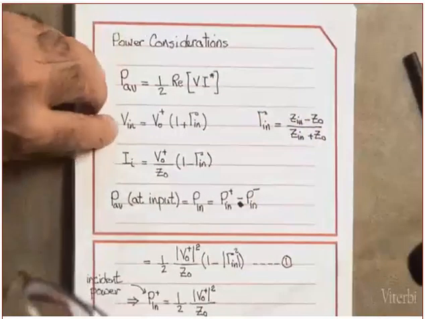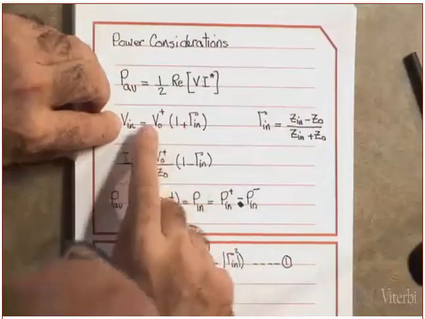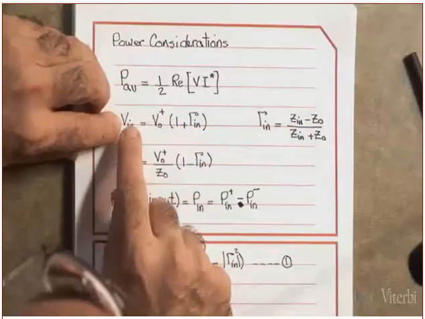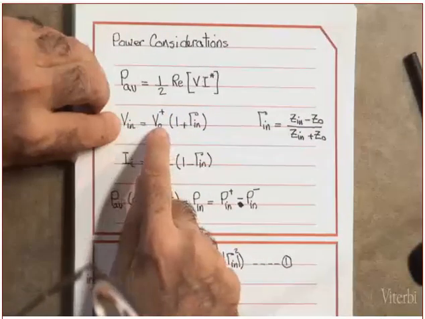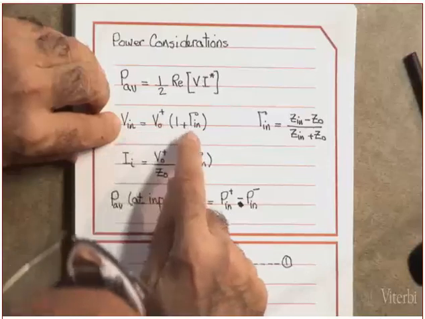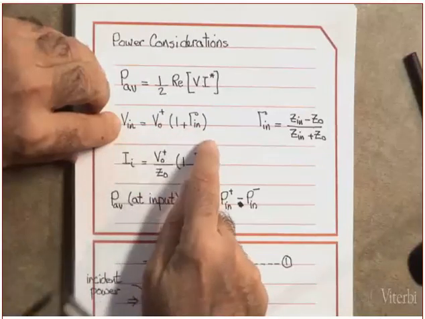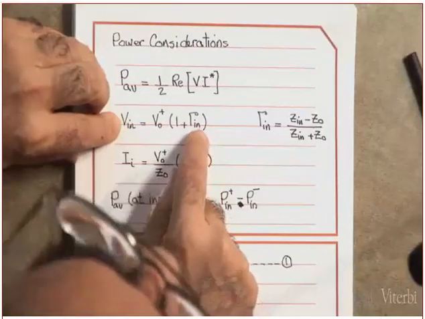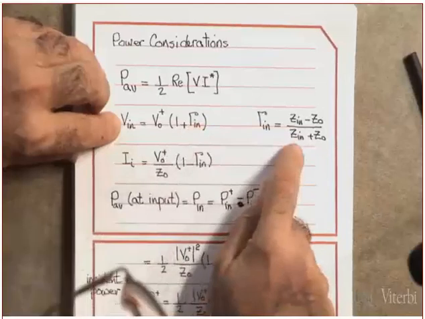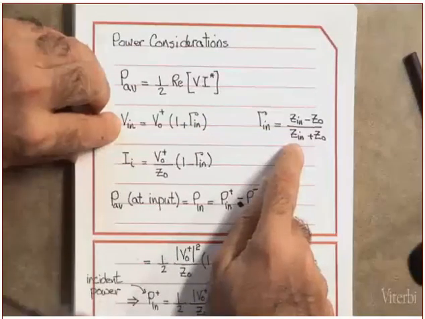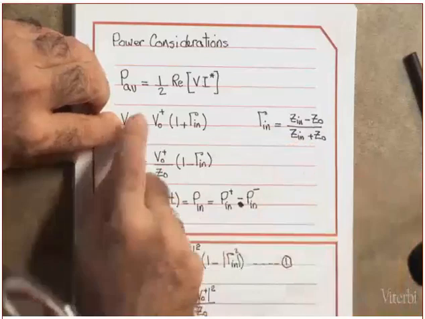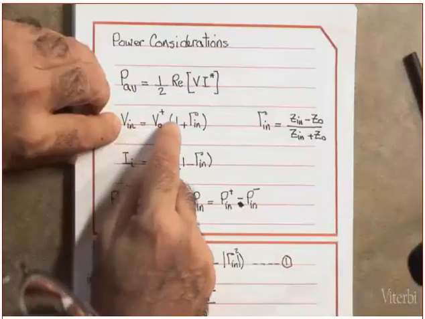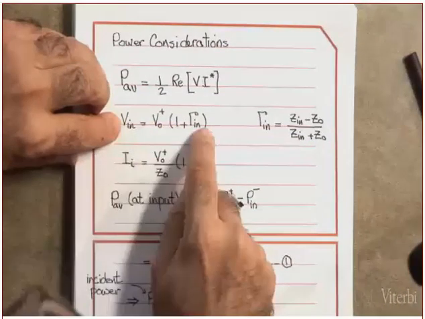Let's see if you can help me. What is V in? This is the crucial thing that I need you to understand. V in is V0 plus times 1 plus gamma N. This is not gamma G. This is the gamma N that I defined to you a moment ago. Did you get my point or not? What is the first term? It's V0 plus. Can you tell me what is the second term?